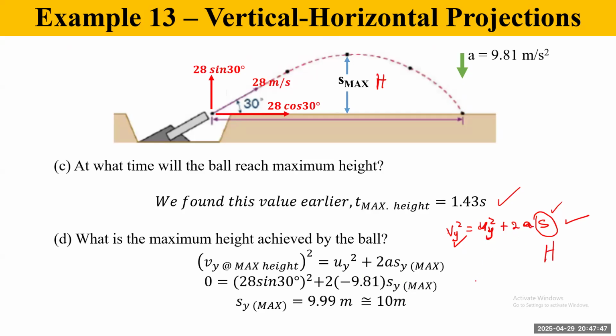So you're going to transpose to that H, which is obviously going to be Vy squared minus Uy squared upon 2A or 2G, because this A here is G. You put in G, but it is a minus G, because we are considering from here to here going up, so you use a negative G. So you get that value.